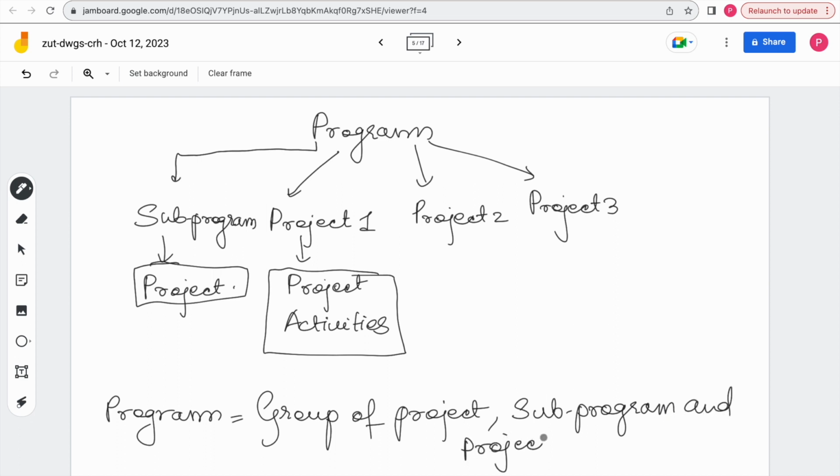All these come under program. So this is the correct definition of a program.